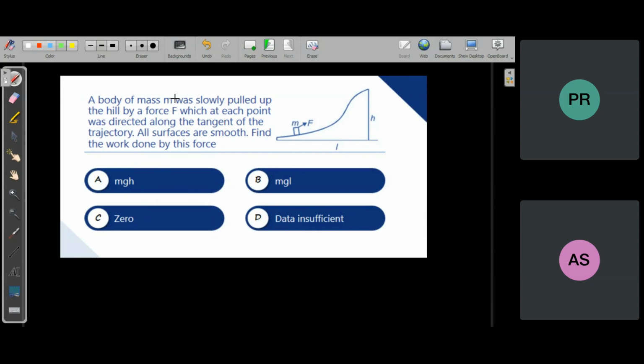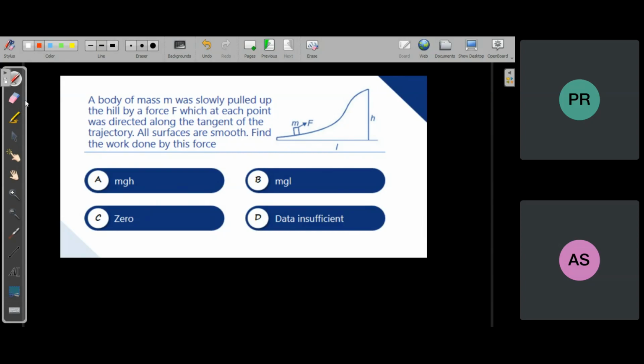Corresponding force is mg. Sir, here the normal reaction will be present also.